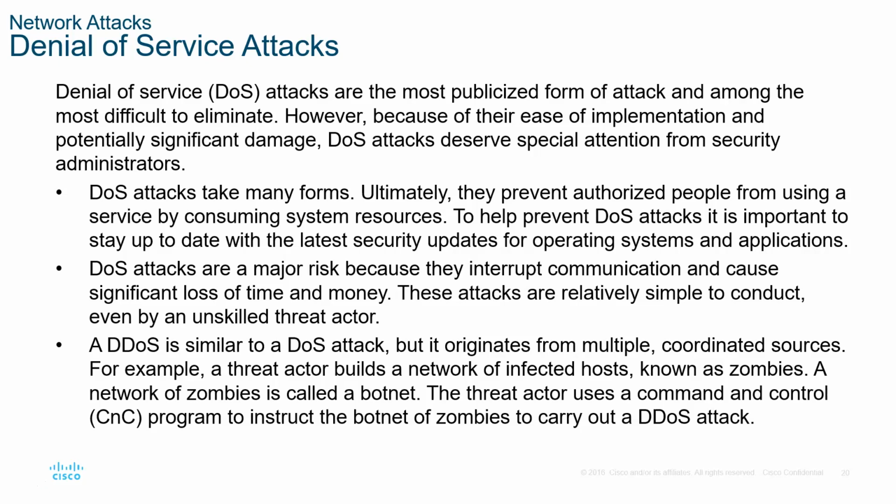Now, the problem is that if that denial of service attack is actually coming from all over the internet, how do you filter to stop the traffic coming from that one device? What you ultimately have to do, especially if the traffic is coming from all types of different sources, is you have to just take that particular IP address down.